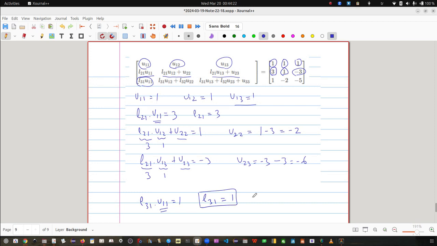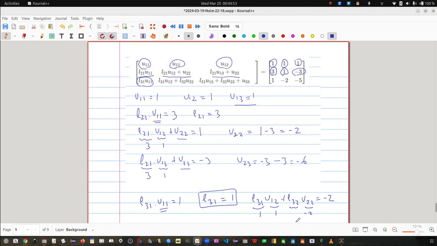And we go to L31 U12 plus L32 U22 is equal to minus 2. And this is 1, and this is 1, L32, and U22 is equal to minus 2.